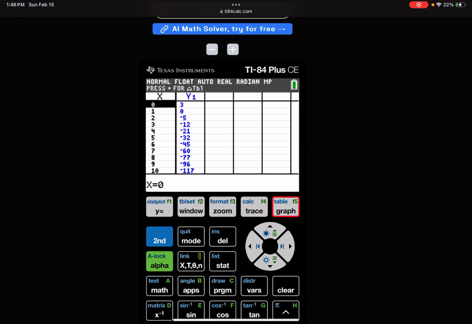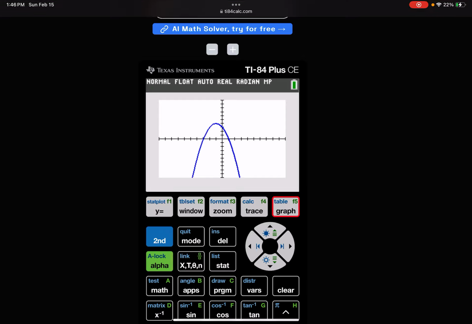When we're at an x-intercept, y is equal to 0. So right here it says y is equal to 0, so that gives me 1, 0. And I know the other one was on the negative side, and here it is, because here's the other y equals 0, and so that would be negative 3. That makes sense because the scale is 1. So the one on the left is negative 3, and the one on the right is 1.